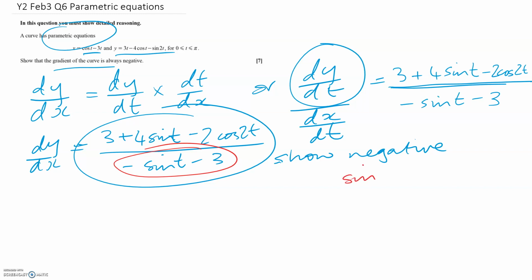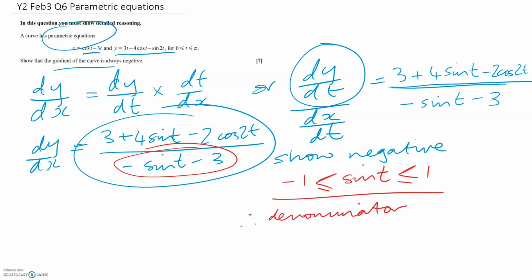So since sine t is always between minus 1 and plus 1, when you take away 3 from any value in this range, it's going to be negative. So therefore the denominator is always negative.